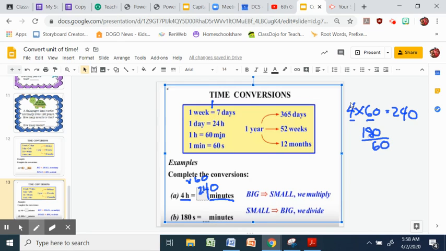How many times can 60 go into 180? That would be 30 minutes. So 180 seconds is equivalent to 30 minutes.